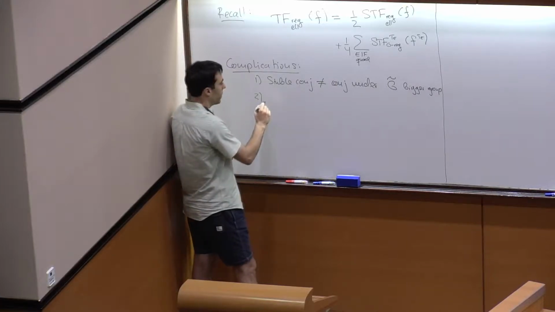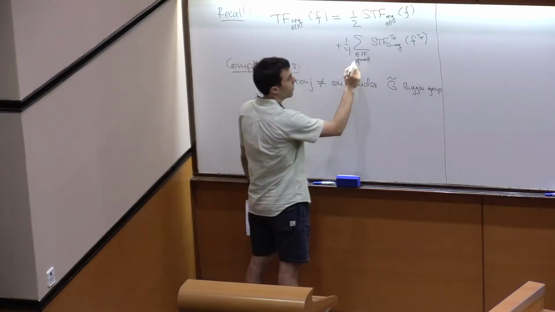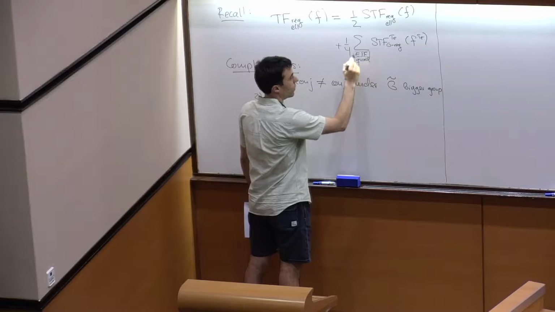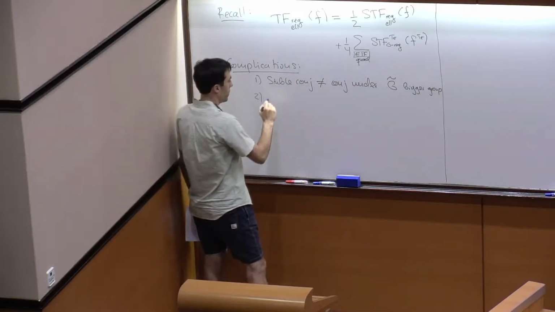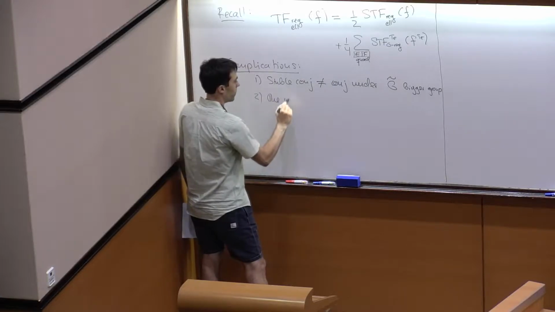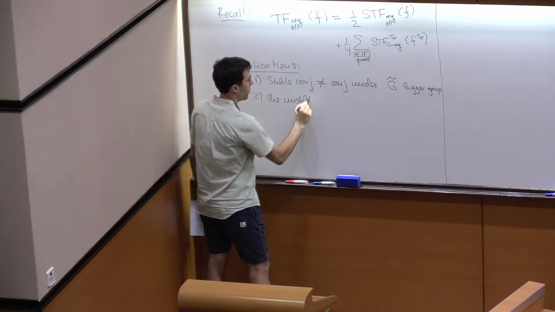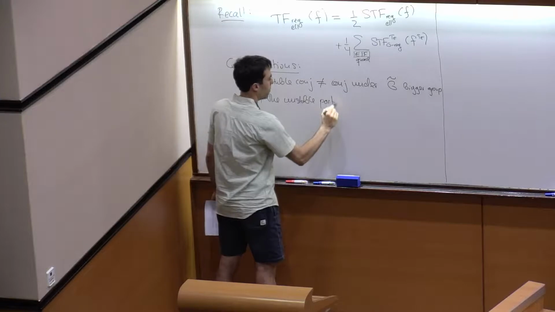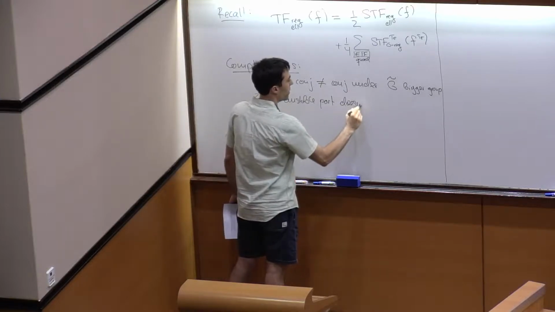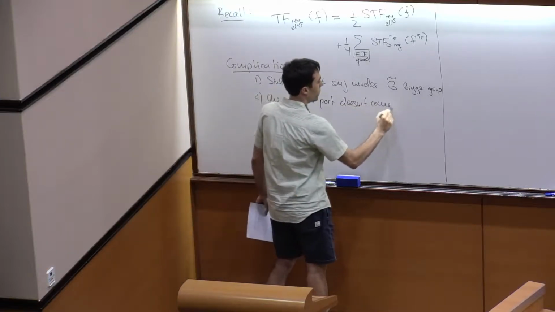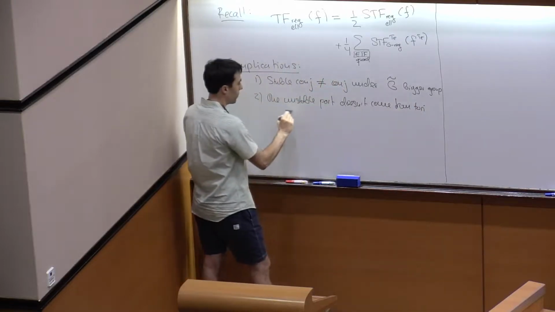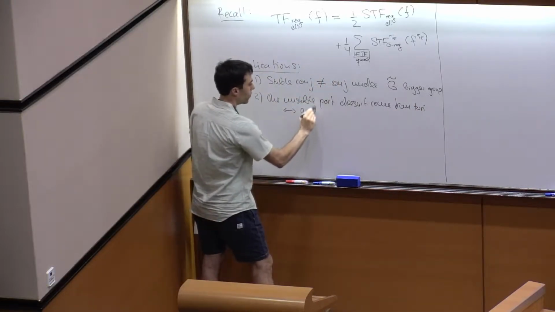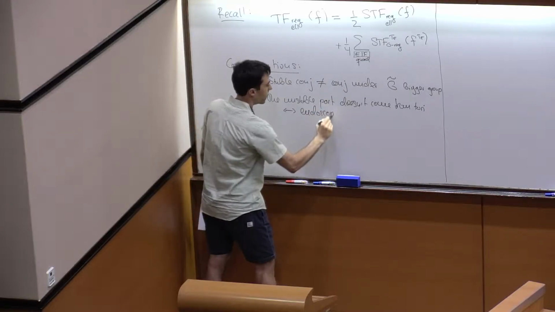The next thing is we have to understand what these summands here are going to be. So the unstable part doesn't just come from tori. That is, we'll have to discuss what are endoscopic groups.